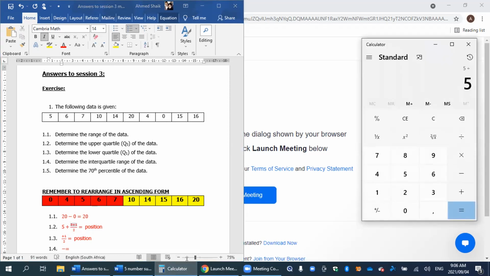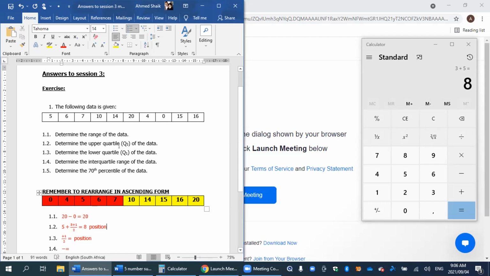We've got 5 plus 1 divided by 2, plus 5, and that tells us that the 8th position is our Q3, or the upper quartile. Let's look at what our 8th position is: 1, 2, 3, 4, 5, 6, 7, 8. And that tells us that Q3 is equal to 15.